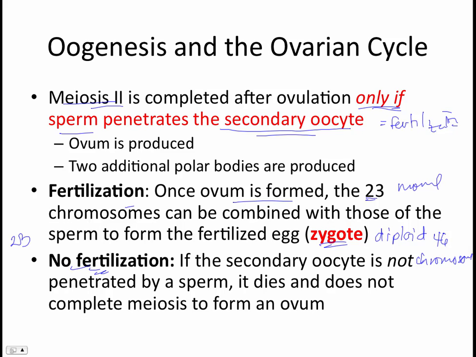If no fertilization occurs, the secondary oocyte is not penetrated by sperm. Eventually, the secondary oocyte is going to die and does not complete meiosis to form an ovum. So it's going to be arrested in meiosis I.